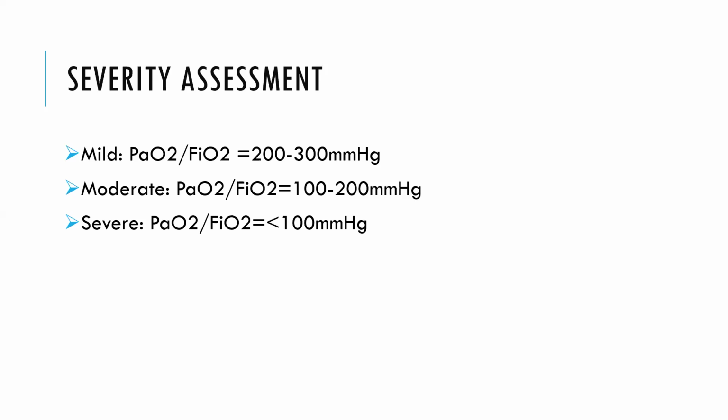A lot of times, mild to moderate ARDS may do well with non-invasive ventilation. But when a patient has severe ARDS, like the one we saw in this clinical scenario, this patient requires invasive mechanical ventilation. So you need to quantify the severity of ARDS.